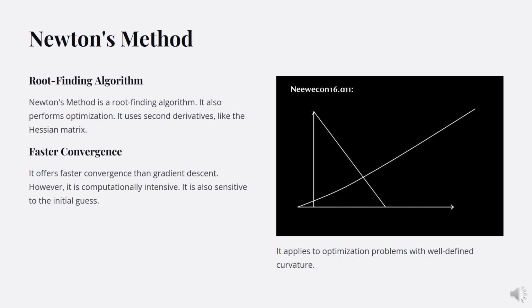Next is faster convergence. It generally offers faster convergence than gradient descent when it works. However, it is computationally intensive because it requires more calculation and inverting the second derivatives.